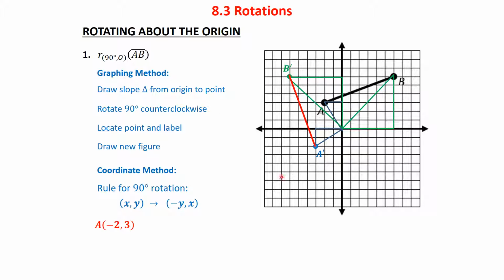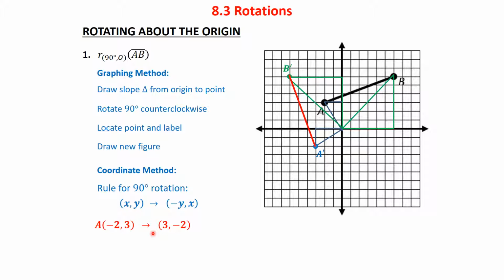So let's first take a look at my point A. My original point A is located at -2, 3. So if I go over -2, up 3, there is my original point, point A. The first thing I want to do with this rule, again, is notice that (x, y) is going to change its order.